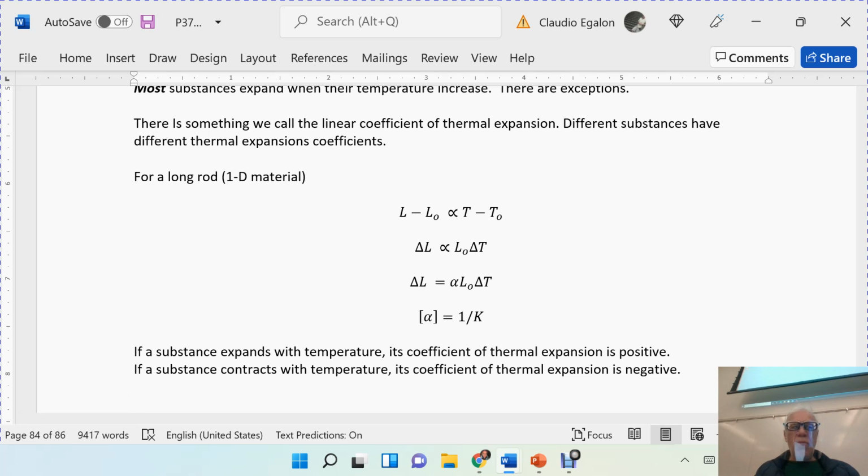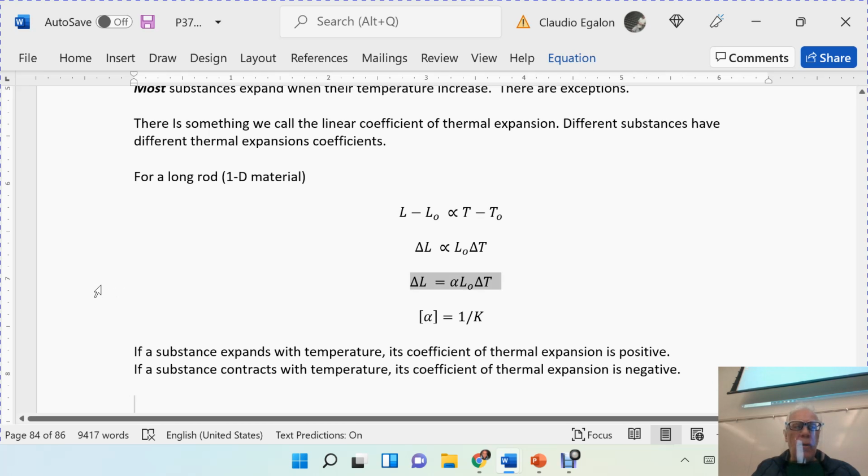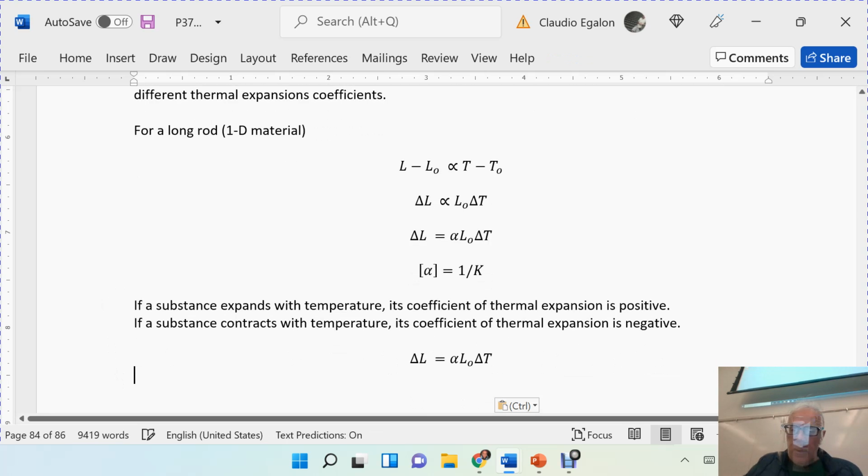Okay, so now we can predict what's going to be the length of a rod if we heat it up to a given temperature.